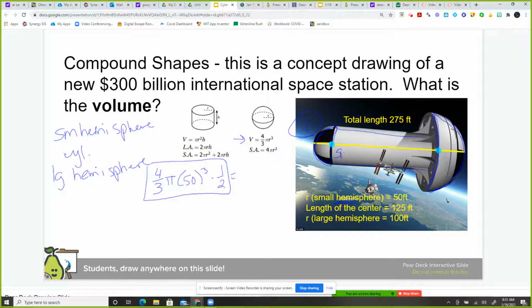4/3 times pi times 50 cubed, and then multiply by 1/2. What's the volume of that? Anybody get a number?